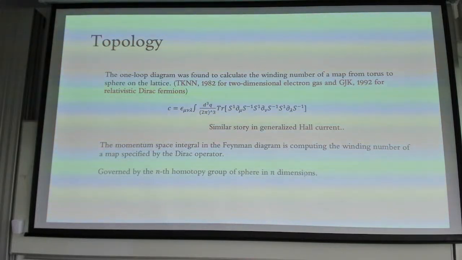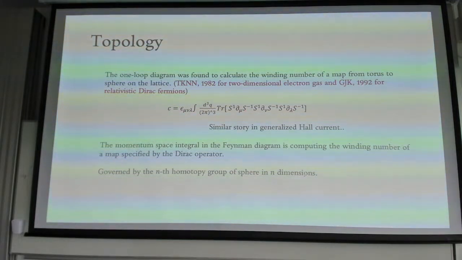This was answered by Thouless and collaborators in 1982 for 2D electron gas, and Golterman, Janssen, and Kaplan in 1992. The two fields didn't know about each other's calculation for a long time, but the calculations are similar in spirit. What you can show in that case is that the corresponding Feynman diagram, which gives you the Chern-Simons level, can be massaged in the following form, where this S is the Dirac operator on the lattice, at least for the lattice quantum field theory.